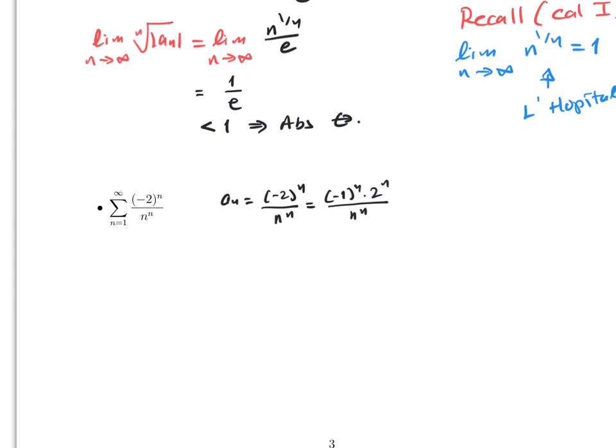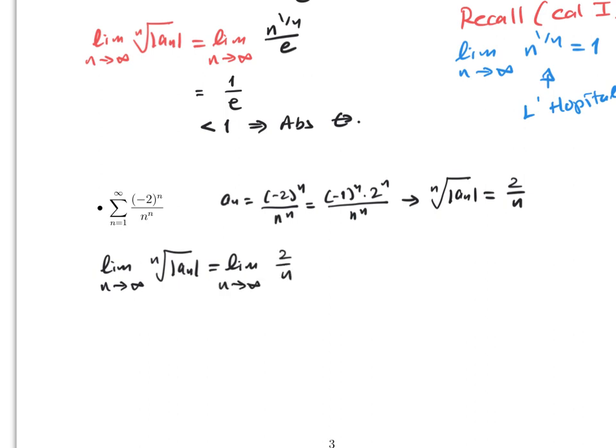So therefore, if you take the nth root of the absolute value, this will just give you 2 over n. So if you apply the limit, the limit as n goes to infinity of the nth root of the absolute value will be the limit as n goes to infinity of just 2 over n. But the limit of this is clearly equal to 0, which is clearly less than 1. So therefore, this is absolutely convergent by the root test.